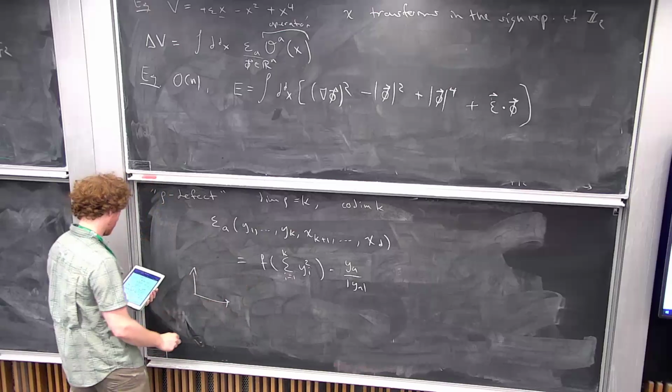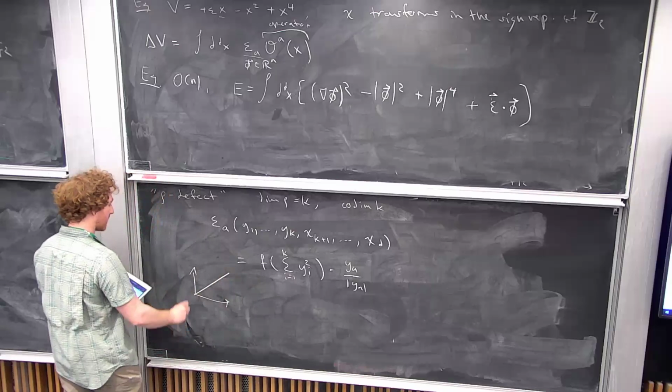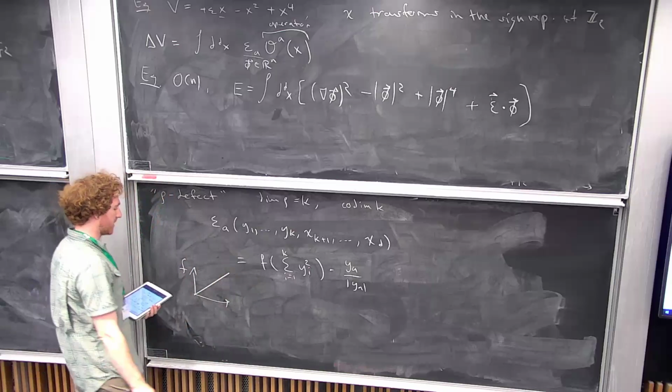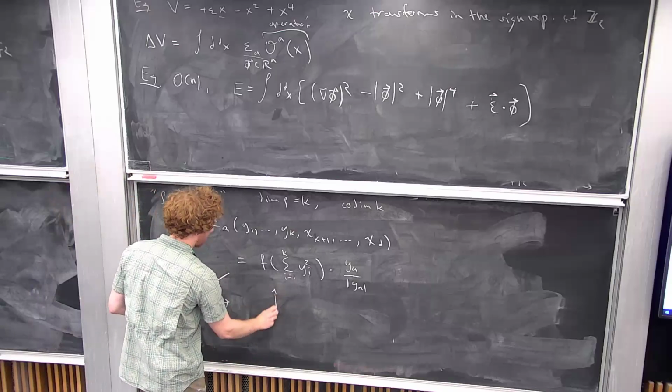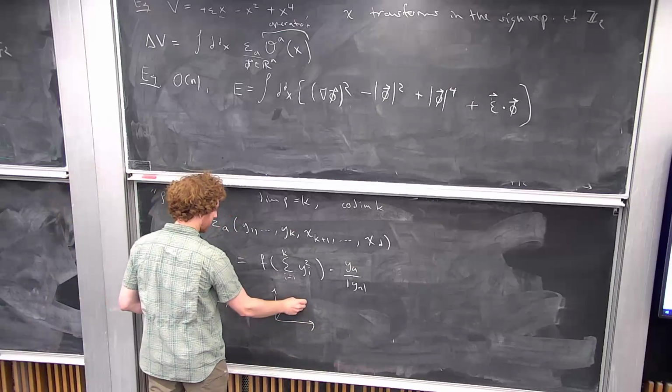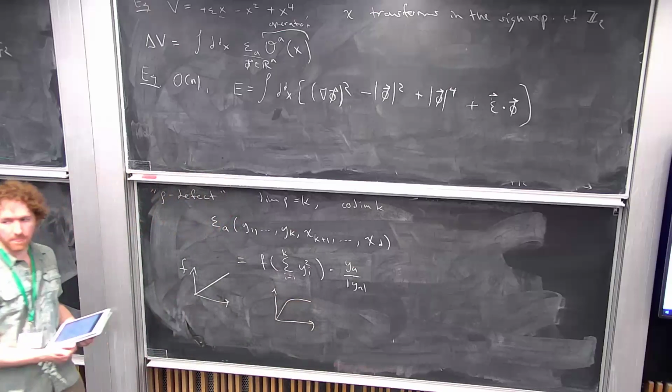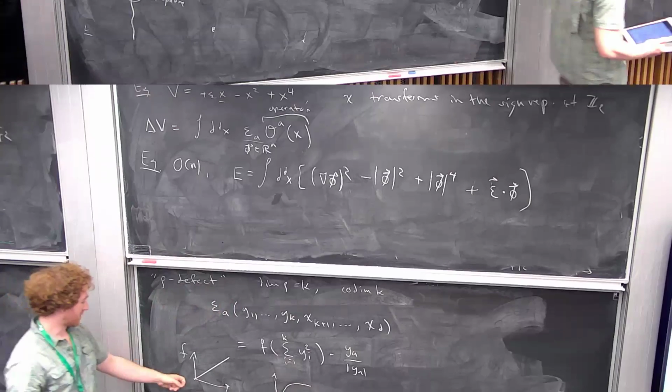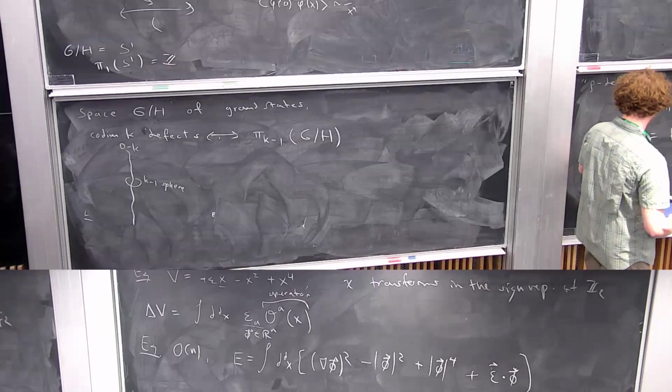For instance, you could choose a linear profile that will be often easy to do calculations with, or you could choose a profile that grows and has some kind of cutoff. But what we essentially want is that this function is 0 at 0 and then increases monotonically.